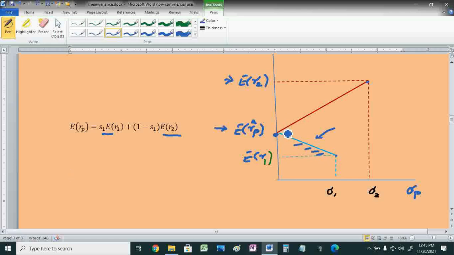Similarly, see that, and in this way, remember that there is no trade-off. Rational behavior will demand that we should not be lying on this leg of the portfolio possibility frontier.